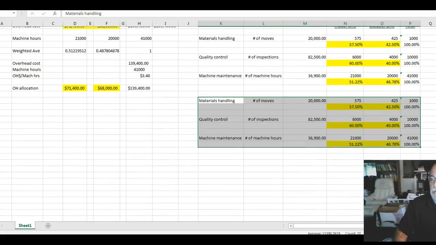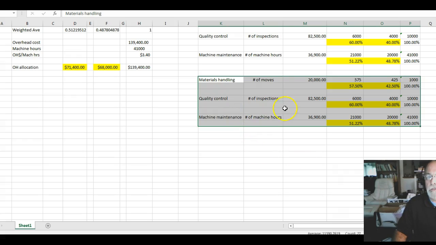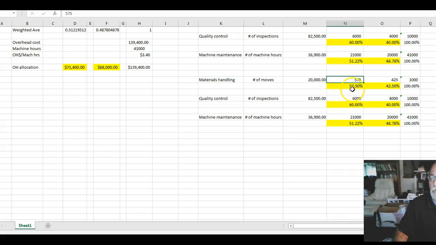Okay, so for materials handling, what would be an easy way to do this? I'm just going to replace these two amounts. Oops. Bad move on my part.